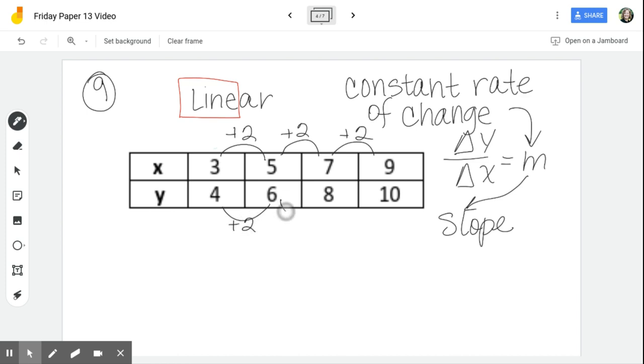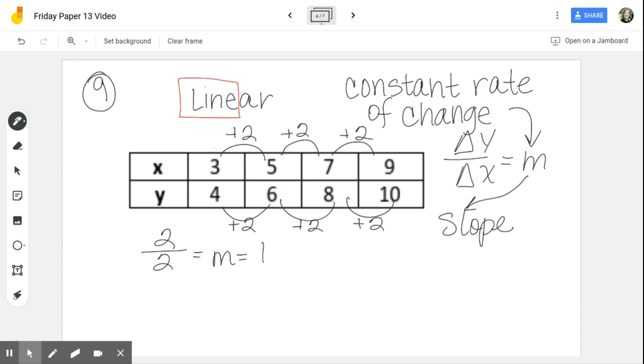Add 2, add 2, add 2. The change in y is 2, and the change in x is 2. So I can graph these points on a line, these ordered pairs, I should say. I can graph these ordered pairs on a line, and my slope would be 1.